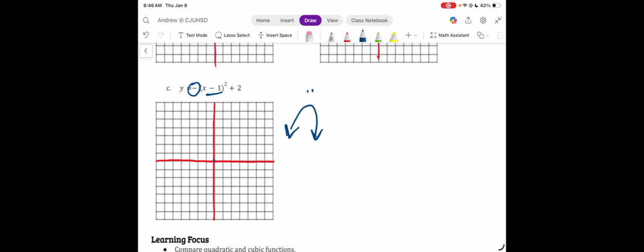From the reference point 0, 0, you're going to go right 1, you're going to go up 2, there's our reference point, and we're going to make it go downward. So down and over, and then down 3 and over. And so it looks like this. Tricky to do. And there we go. Something like that.